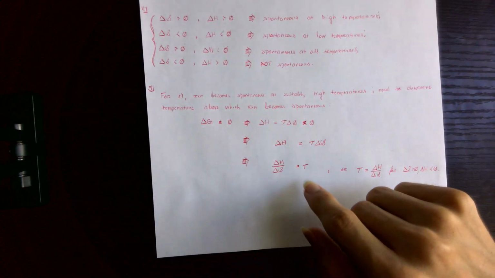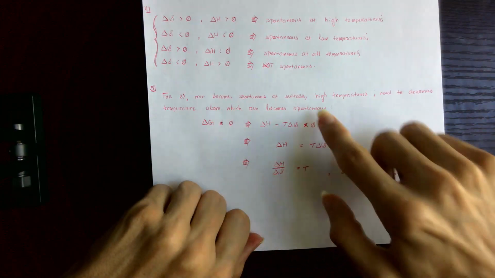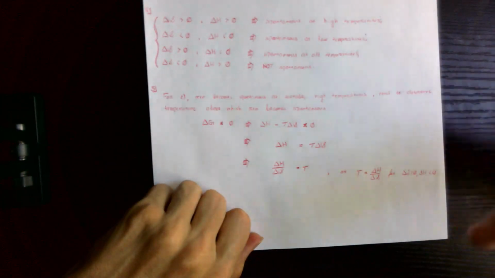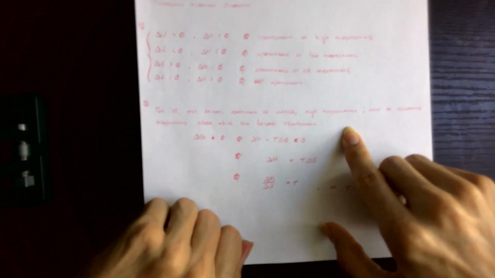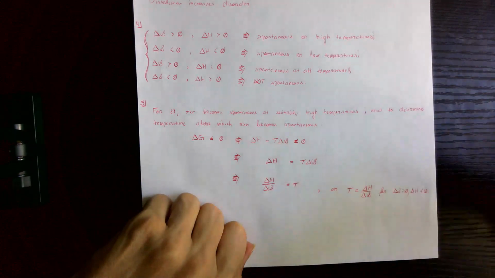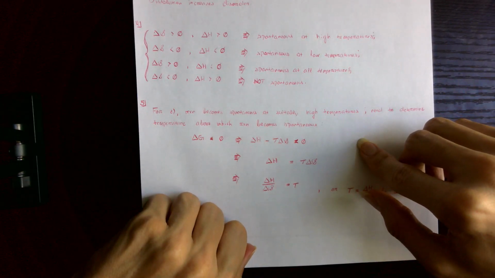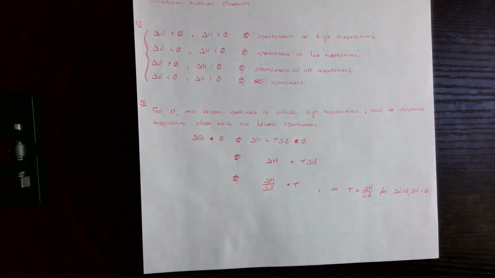So I said for case 1, which is this one up here, the reaction becomes spontaneous at suitably high temperatures. You need to determine the temperature above which the reaction becomes spontaneous. There's some temperature at which that T delta S quantity is larger in magnitude than delta H, so when you subtract T delta S from delta H, you get a negative value.